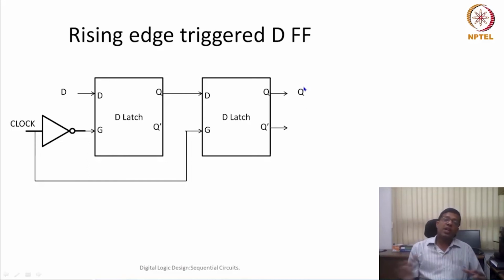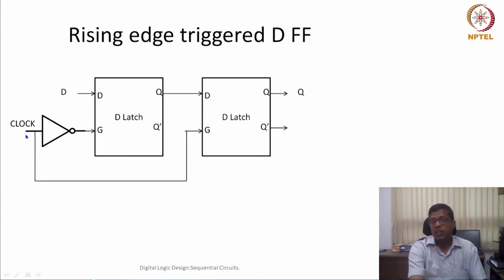So the overall mechanism is such that my D value, this input value, can go to the final output only during the rising edge. Otherwise, whatever the D value is will never be transmitted here, stored here or given as the output. So you can consider all other cases.